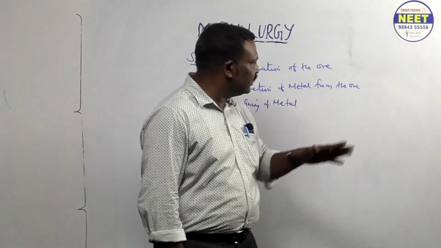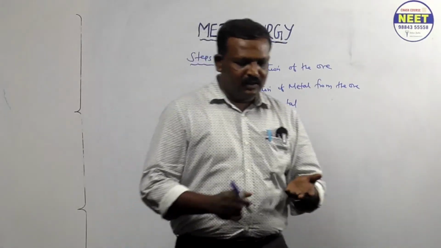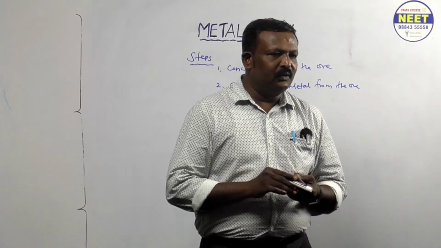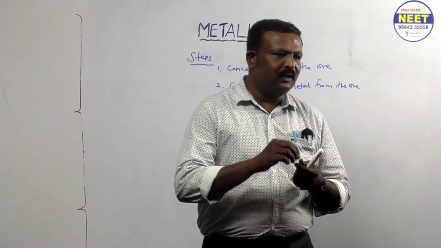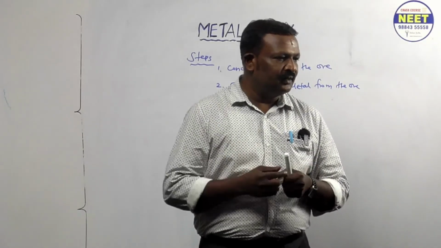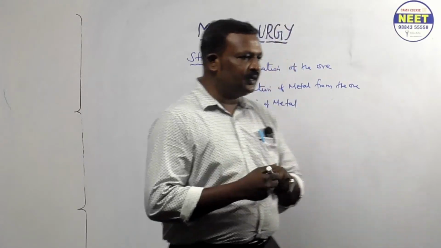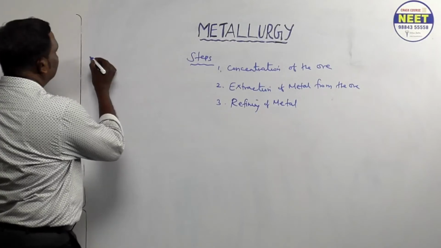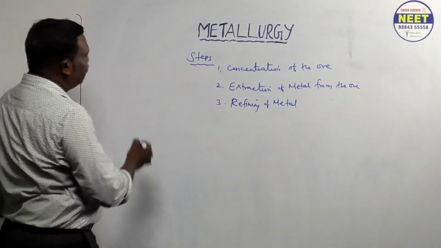Before that, you studied that in ore, sometimes the metal is in combined state, sometimes the metal is in free state. Metal in free state is called native ore or native state. So the metal is in two states, combined state as well as native state.